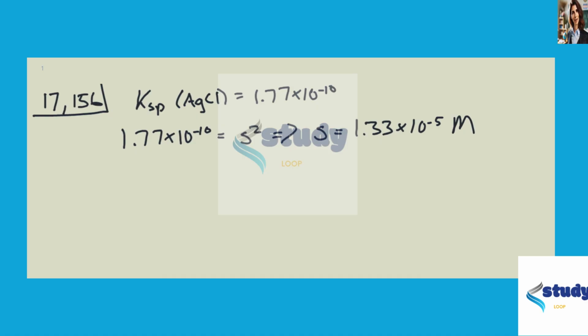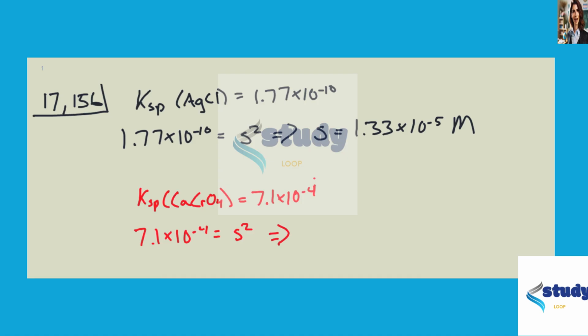And then we can do a second one, let's say calcium chromate. So the Ksp for calcium chromate is equal to 7.1 times 10 to the minus 4. And so this is equal to S squared.